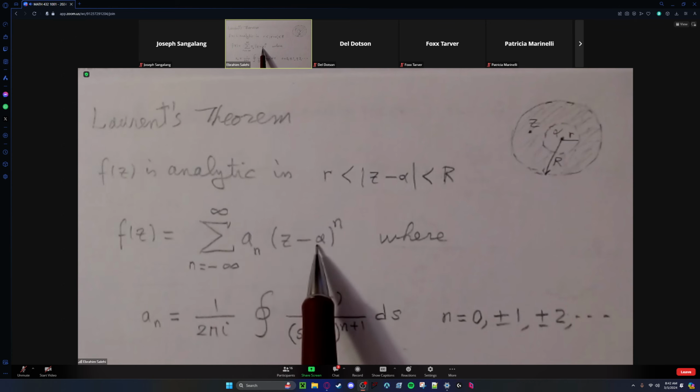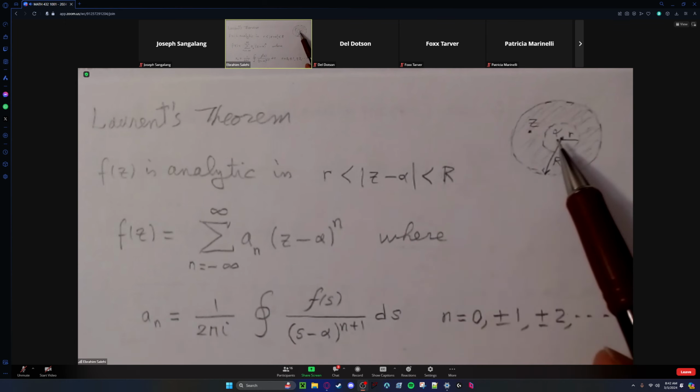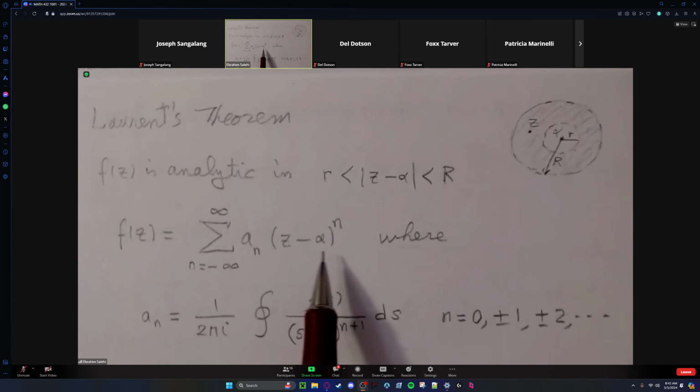Just look at this symbol. N goes from negative infinity to infinity. But in Taylor series, N goes from 0 to infinity. But as soon as alpha is a bad point or a singularity, we are going to have negative powers.